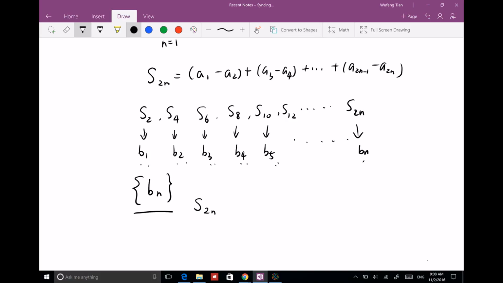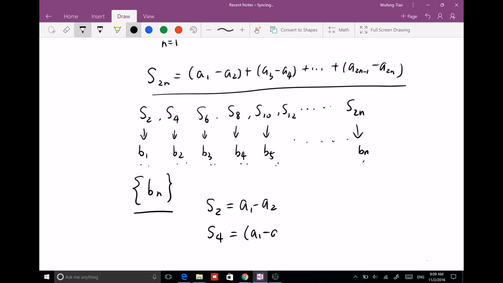Okay, so in this sequence, yesterday we have proved that S_2n equals this, right? So look at this sequence. S_2 equals a_1 minus a_2. S_4 equals a_1 minus a_2 plus a_3 minus a_4.